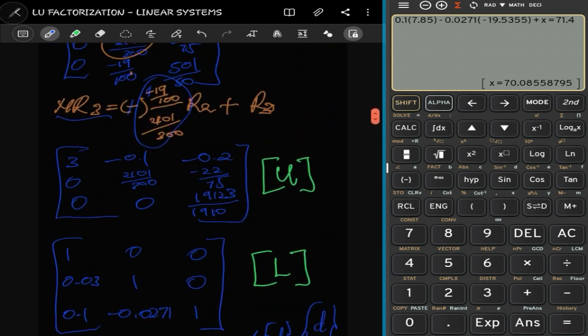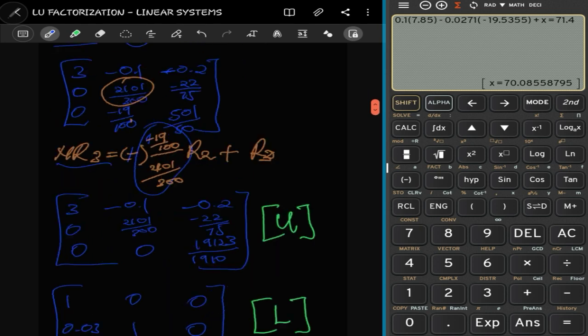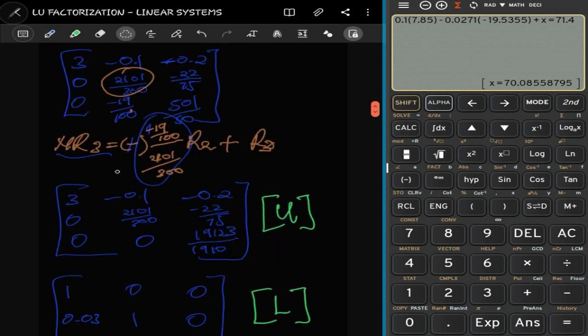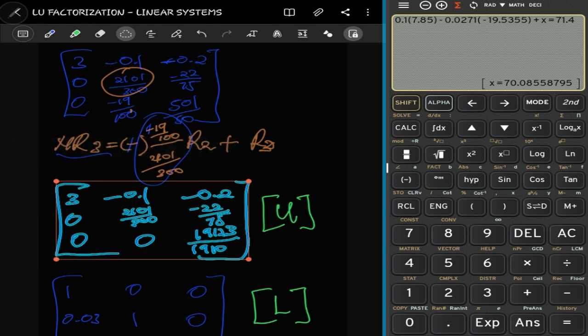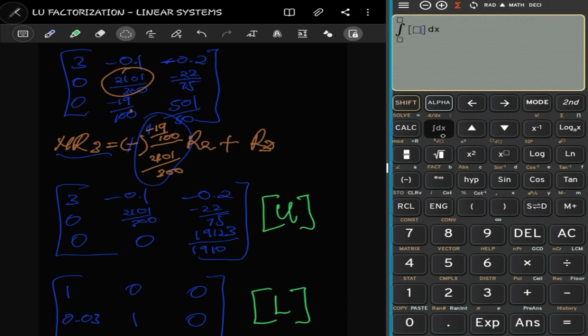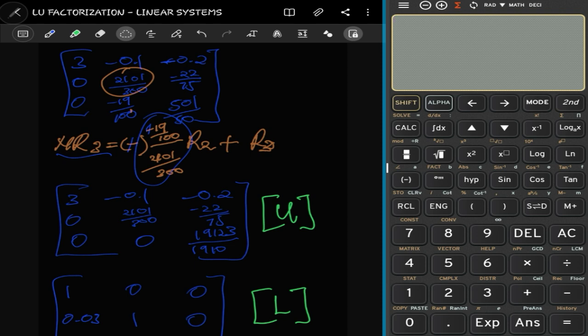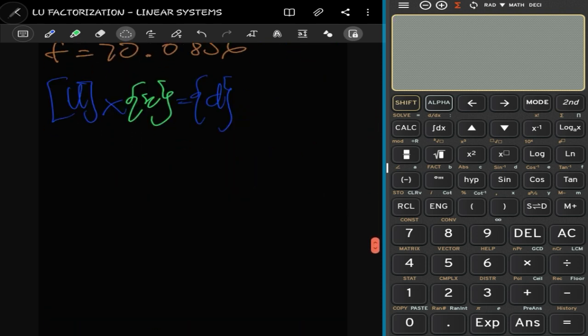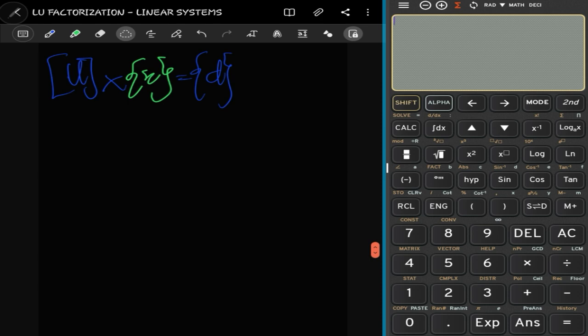So now let's do this. Where's our upper triangular matrix? This is it. We are going to go through this straightforward and then find what we are looking for. Okay, so this is our upper triangle.